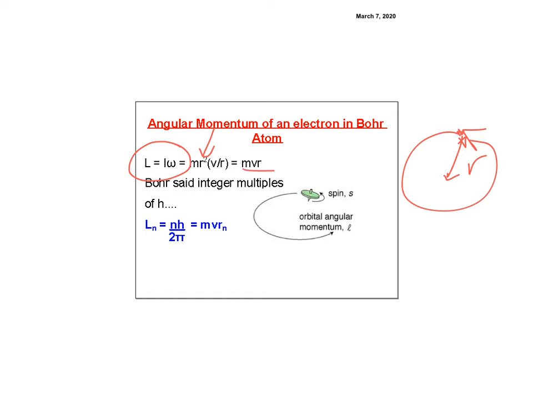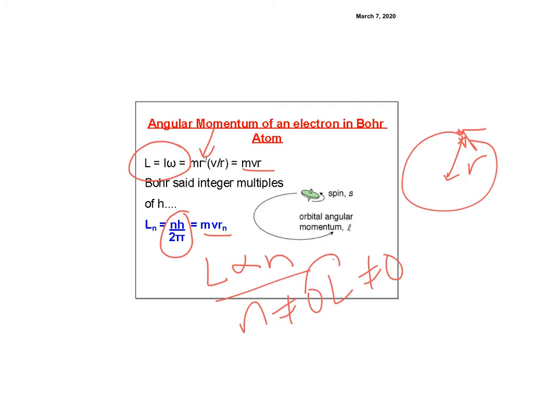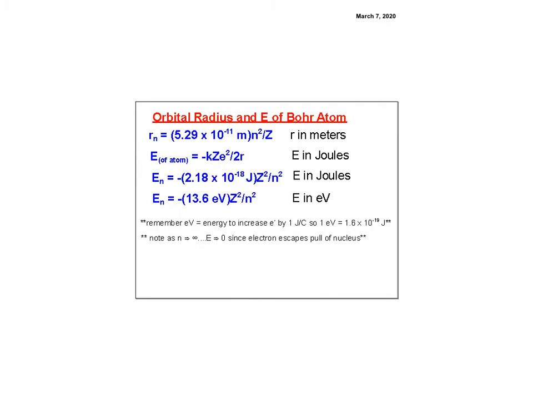Then when you solve it, you end up with mvr, and for Bohr, nh over 2 pi is equal to mvr of the nth orbital. And so that means that L is proportional to n, and since n cannot equal 0, L cannot equal 0. That's the big takeaway.